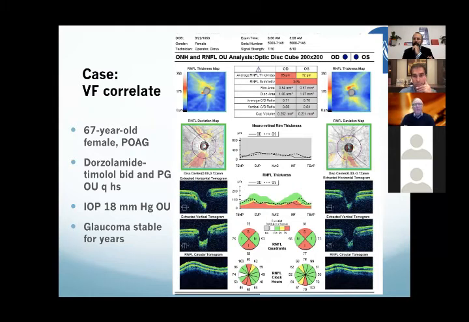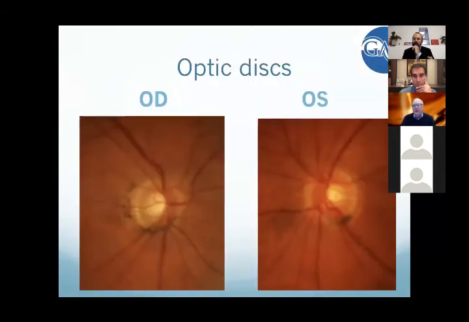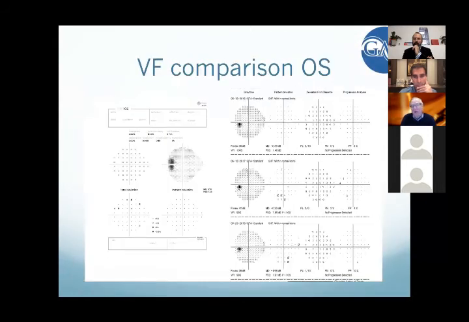But on the virtual platform, the background is a lot less, so maybe we'll learn that it's better for picking up certain things, certain scotomas. We don't know yet. We're going to learn that. That's the nature of perimetry. But it is picking up something, and you can see the pattern standard deviation is a little abnormal.